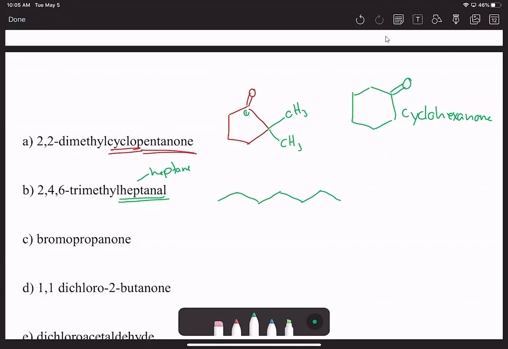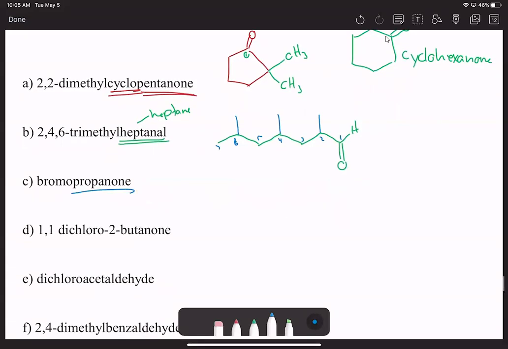Well, now I need to turn it into an aldehyde, and because I've memorized it, I know that an aldehyde is a carbonyl, and it's got a hydrogen on there for an aldehyde. I know that this is going to be carbon number 1, and 2,4,6-trimethyl. Carbon number 2, 4, 6 all have methyl groups.